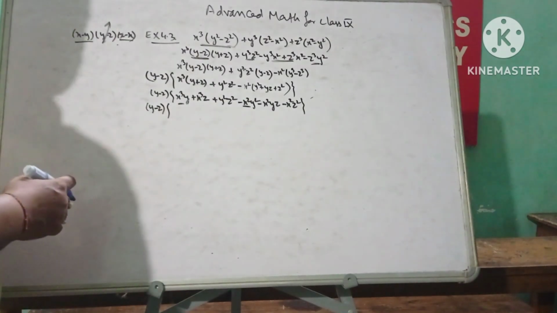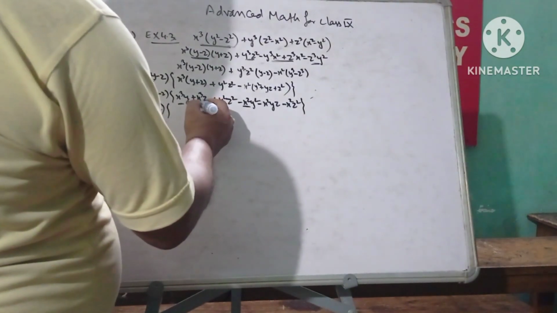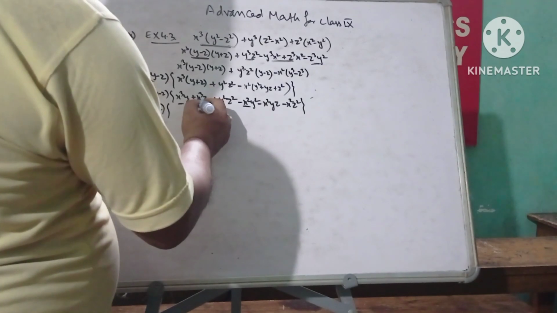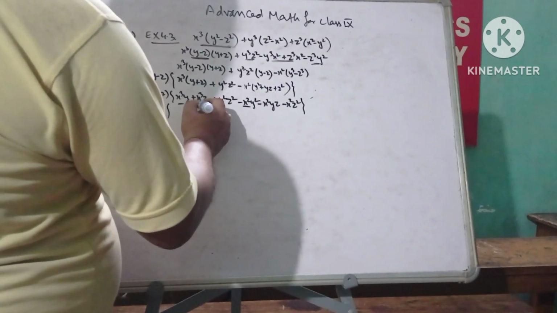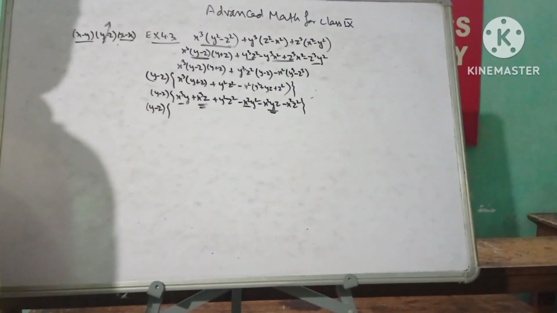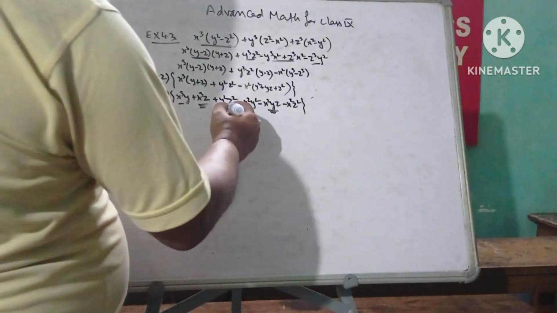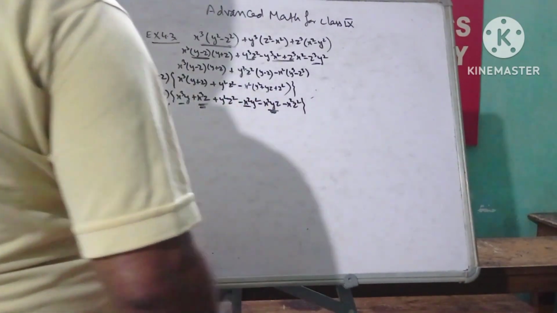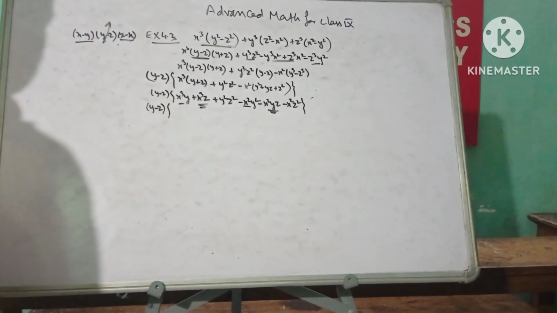Again, if you take this one, x square z common, this one and this one, you are going to get x minus z, and last here z square common, you are going to get x square minus y square.